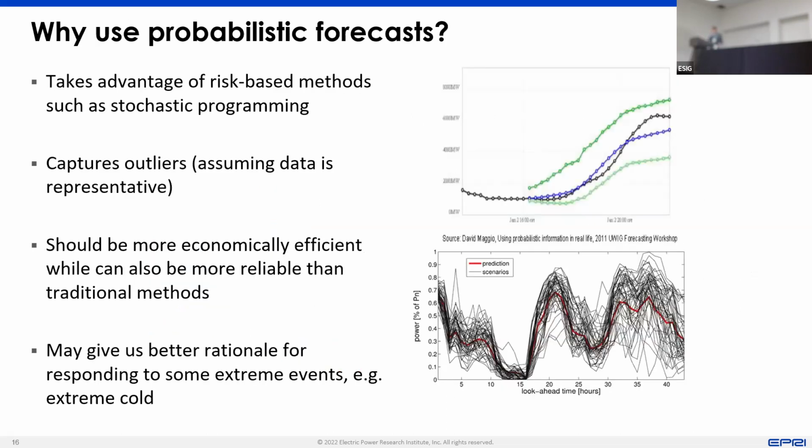It does capture some of the outliers. It probably ends up being more economically efficient, though right now any of the studies I've seen show relatively minor economic improvements. It really gives us more of that confidence around situational awareness and can help us respond to extreme events, that kind of thing.